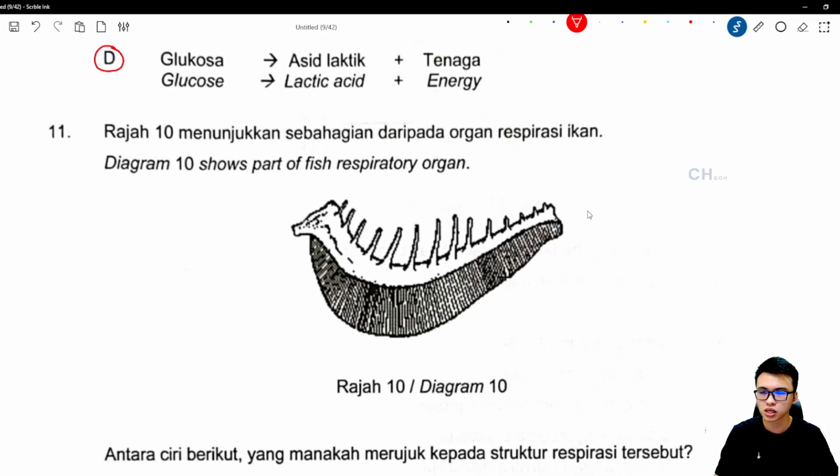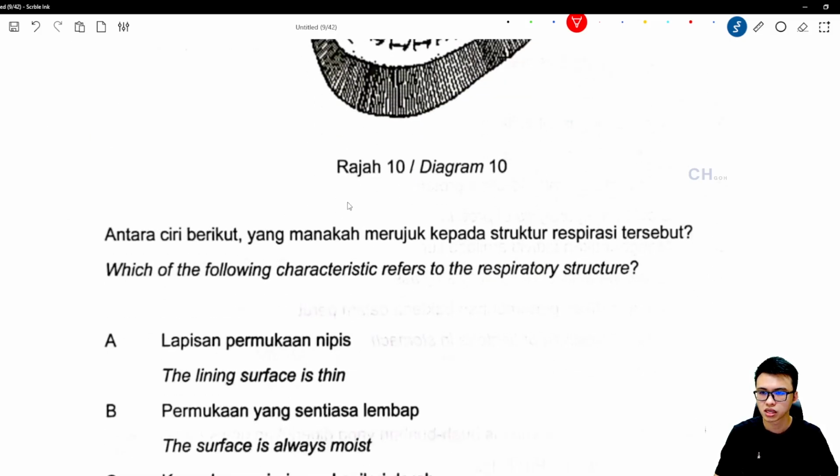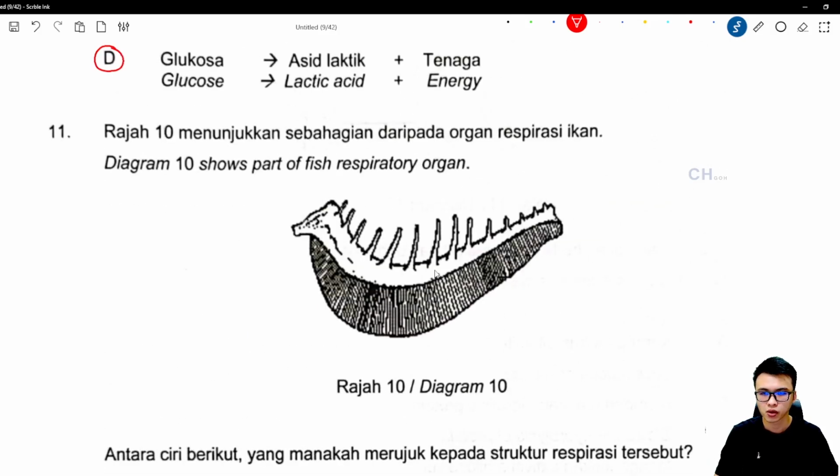Okay, so next one. Diagram 10 shows part of the fish respiratory organs. This is the gills. And which of the following characteristics refer to the respiratory structure? Okay, what we can see here is we have a lot of this kind of structure extending out. Why do they have this kind of structure? Now, when it comes to biology, when you see this kind of structure, there is only one answer.